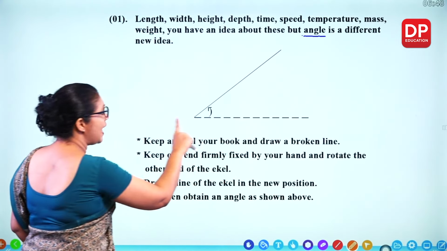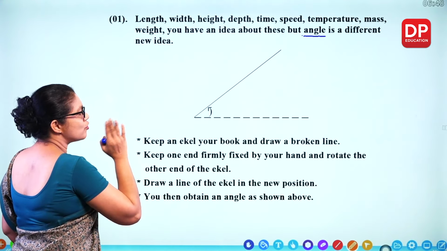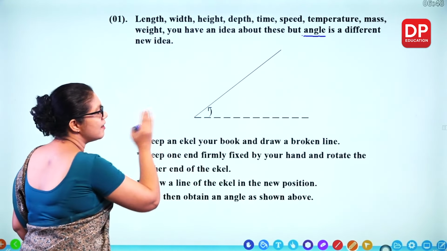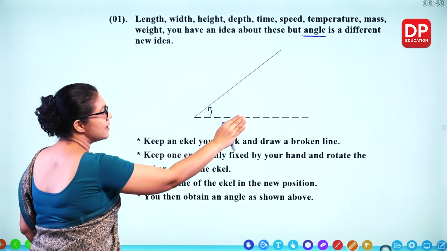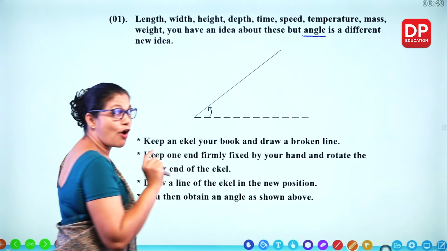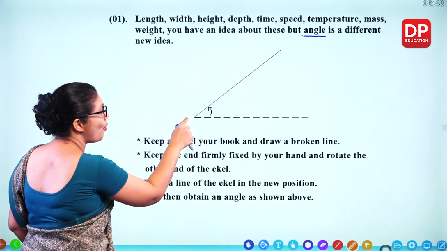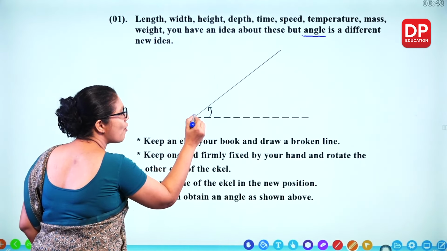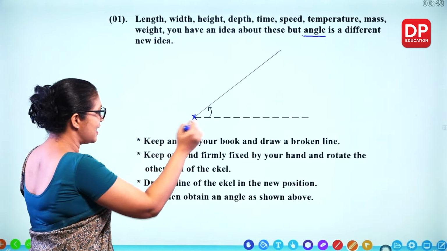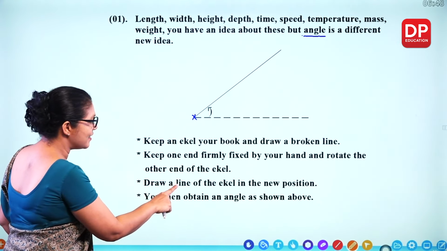Take an equal. So what you have to do, you keep an equal on your book and draw a broken line. So this is the line drawn. Then what you do, you hold it tightly from here and then rotate this. So what you get there?